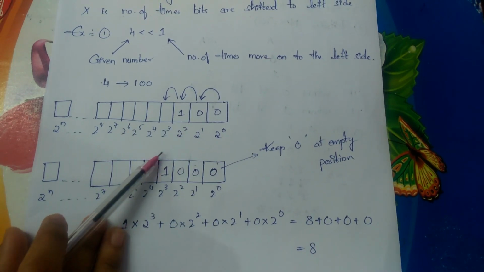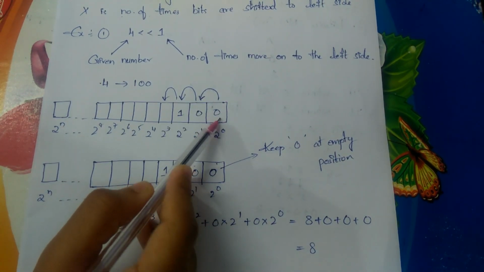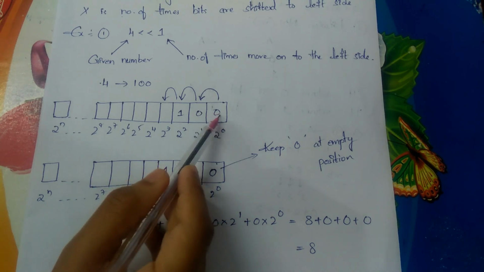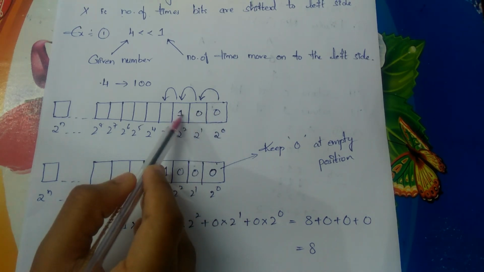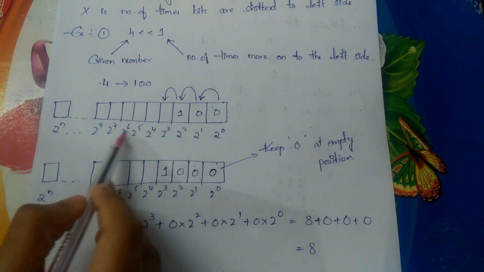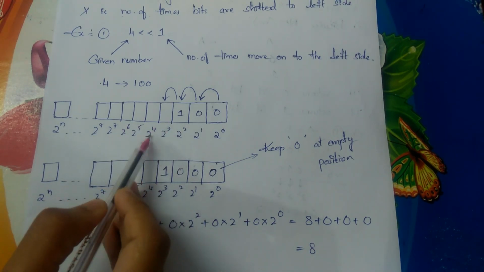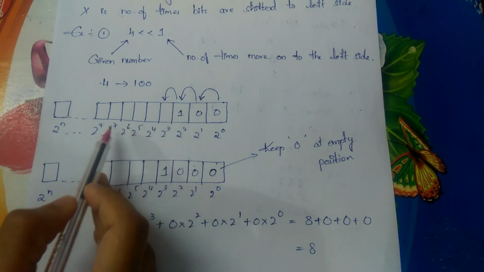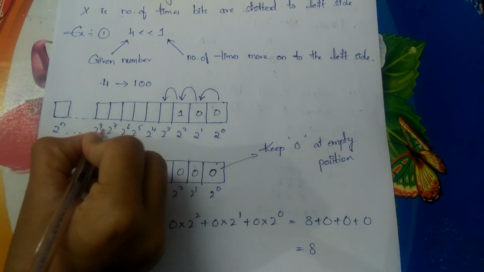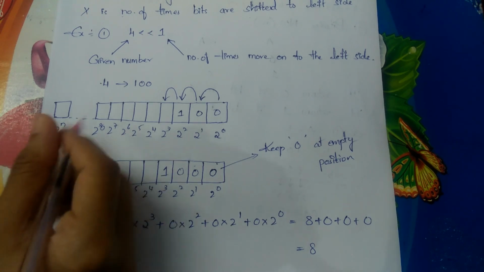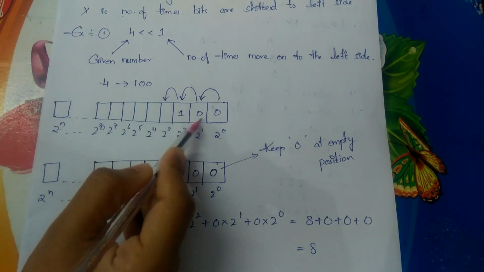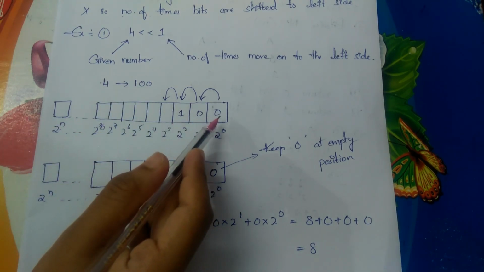In the binary number, this 0 is for 2 power 0, the next 0 is for 2 power 1 and this 1 is for 2 square. It continues like 2 cube, 2 power 4, up to 2 power n. It can be any number, but for 4 we have only 3 bits, like 100.